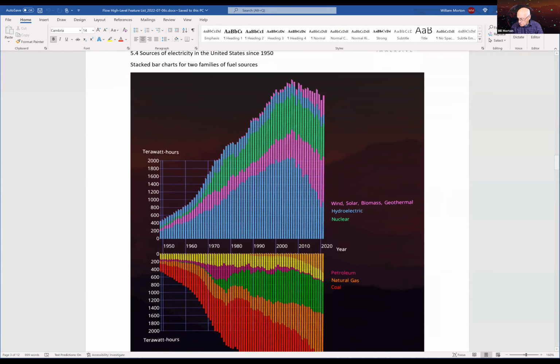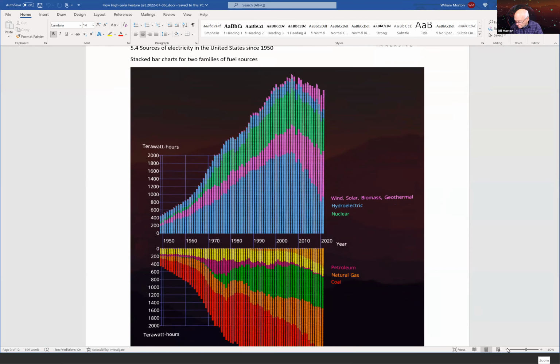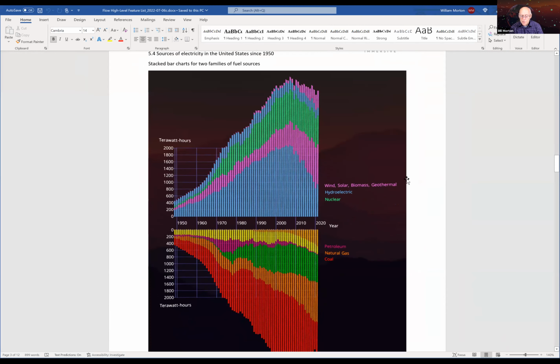This is also on our featured flows. This is electricity: sources of electricity in the United States since 1950. Michael has fairly recently put this flow up into our featured flows. I think it's been there maybe a month and a half, something like that. This is an example of stacked bar charts where we're stacking the amount of electricity that comes from various sources: hydroelectric, wind, solar, nuclear, those types of power.